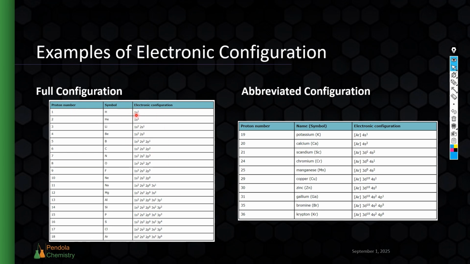So we can see how, going from hydrogen all the way up to argon, we successively fill 1s, 1s2, and then once the 1s2 is filled, we go to 2s, and then once the 2s is filled, we go to 2p, and then after 6 electrons, when the 2p is filled, we go to 3s, and once that's filled, to 3p, all the way down to argon.